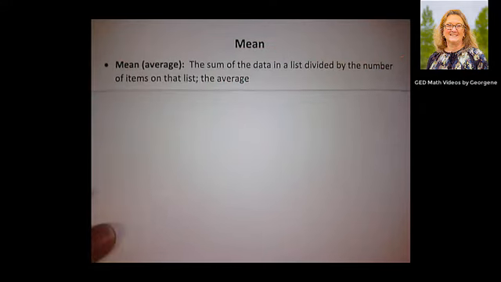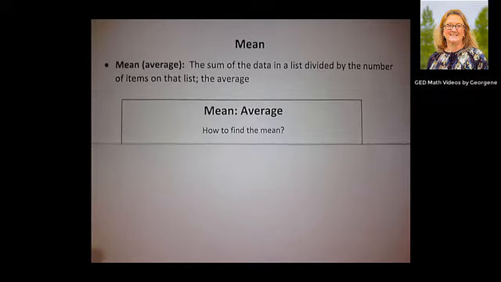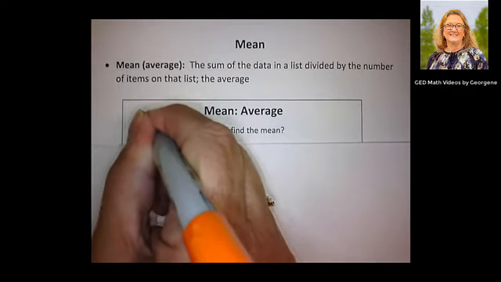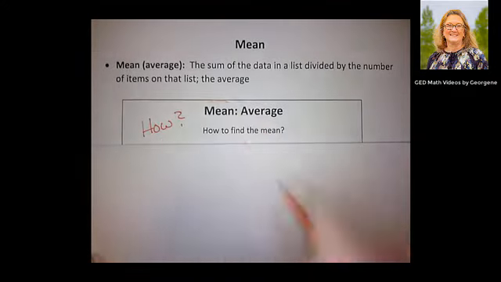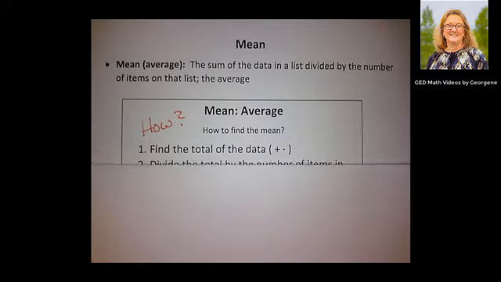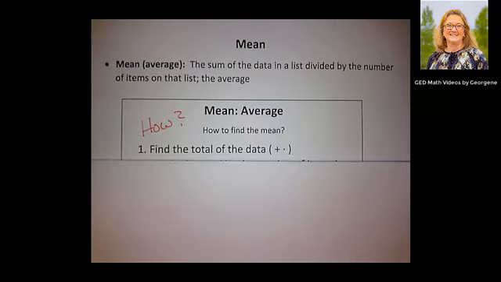We've already taken a look at the definition of it, and now we want to take a look at how we find the mean. The first thing that we need to know is that we're going to find the total of the data.